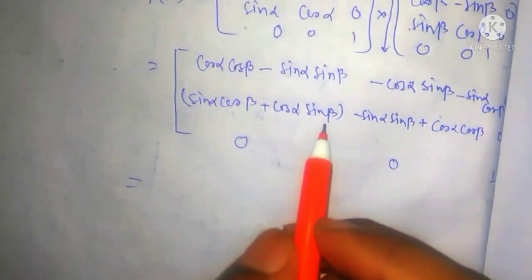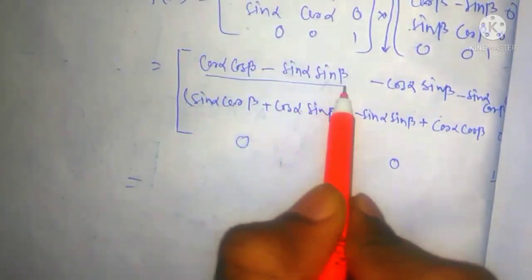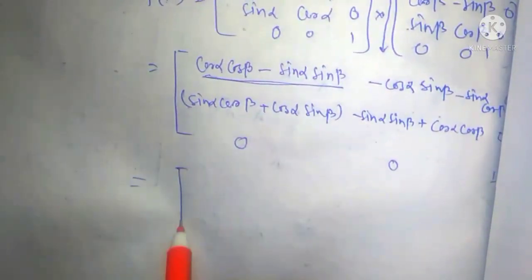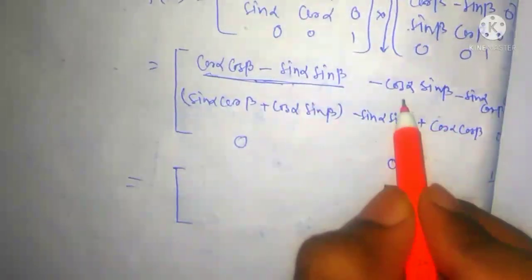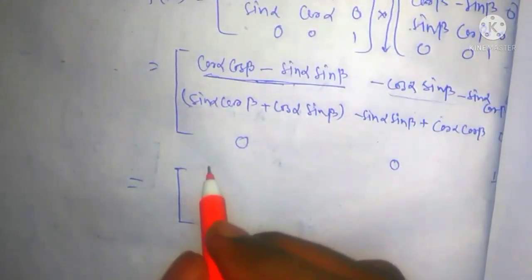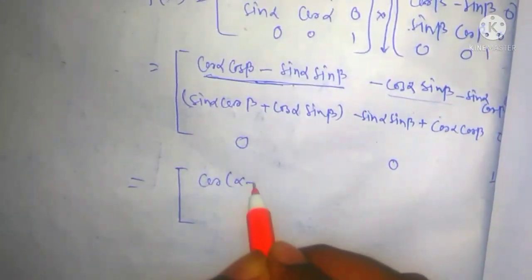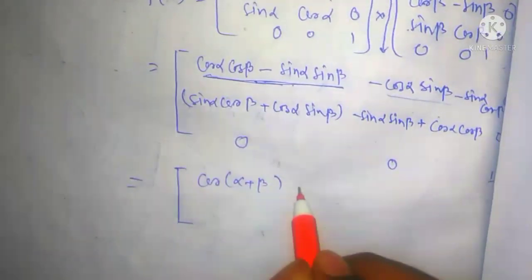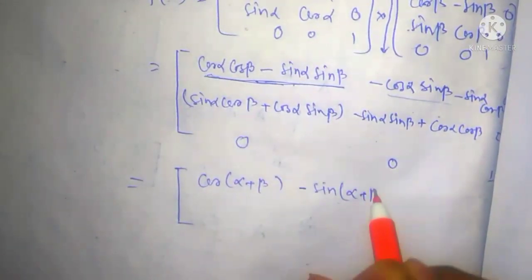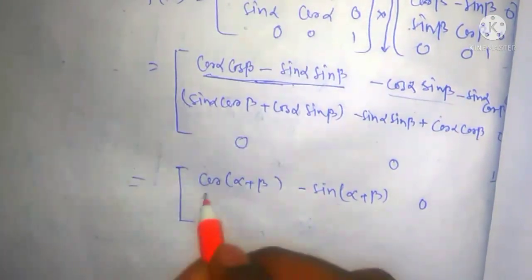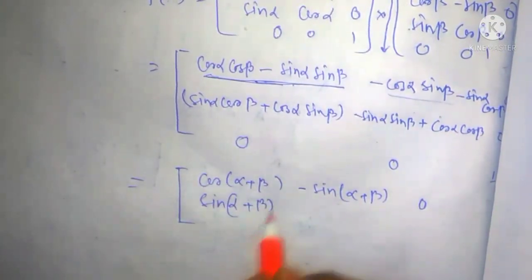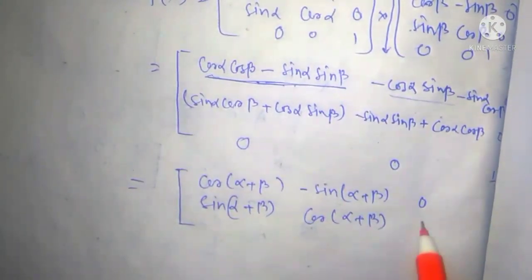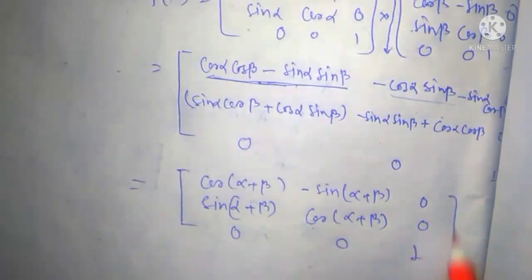If you don't know the value of that, this is a rule. Actually this is a rule, that's also a rule. What is the rule? Cos(alpha plus beta), minus sin(alpha plus beta), 0; sin(alpha plus beta), cos(alpha plus beta), 0; 0, 0, 1.